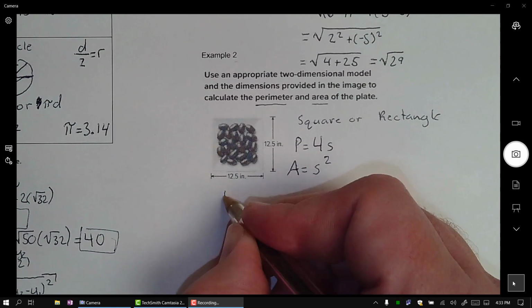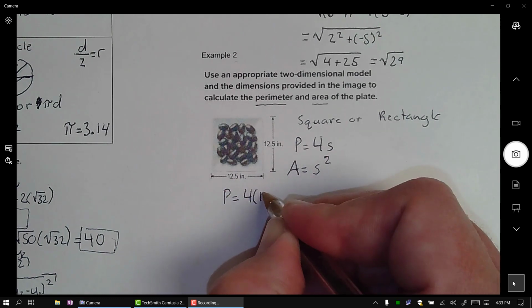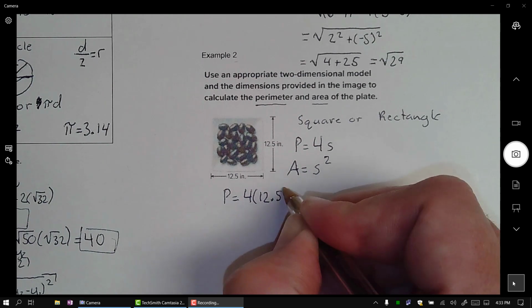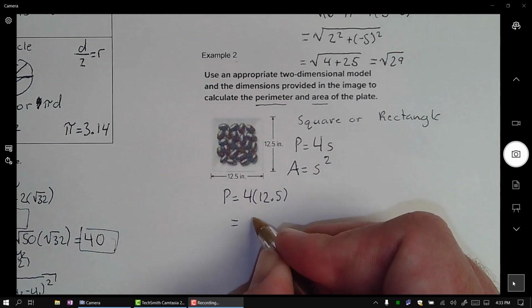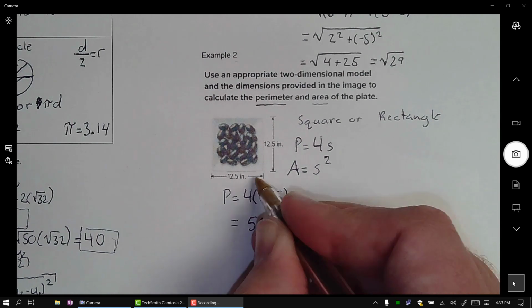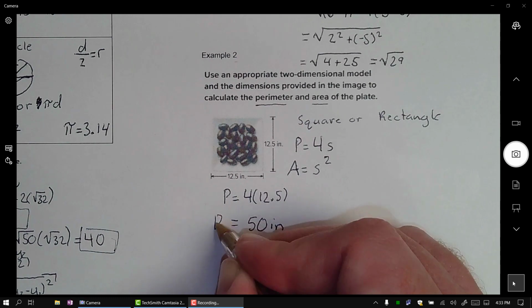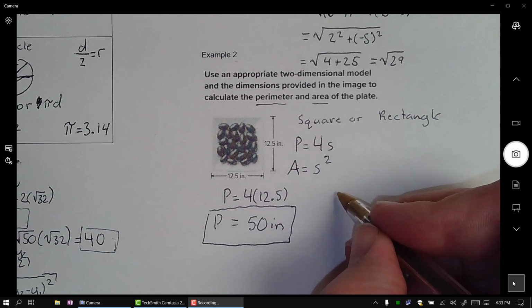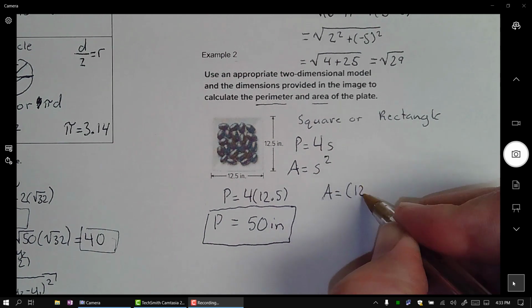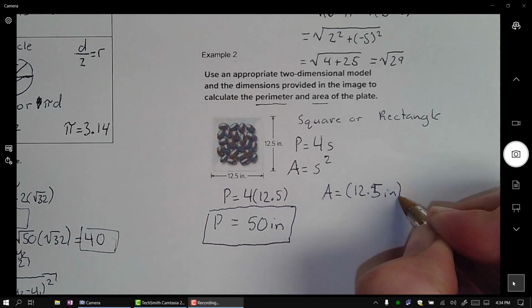So let's start off with perimeter. 4 times the side, which is 12.5. So when I go 4 times 12.5, I get 50, and then this is in inches. So my perimeter equals 50 inches. Area. Area is going to be 12.5 inches, and I'm going to square it.